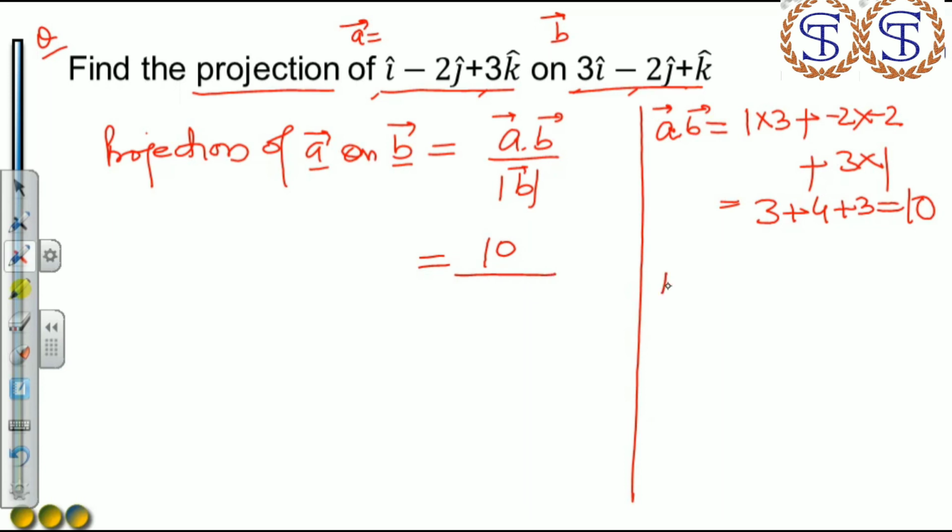Now what is B modulus? Again we have the formula to find the magnitude, that is x square plus y square plus z square.